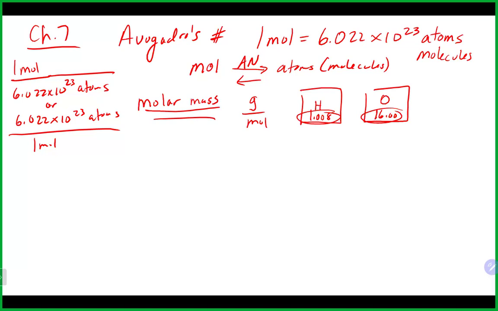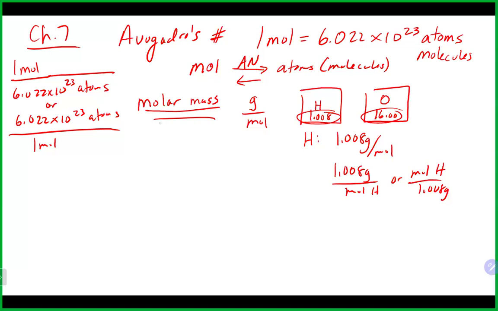If you're doing just hydrogen, its molar mass would be 1.008 grams per mole. You could use that as a conversion factor: 1.008 grams over a mole of hydrogen, or a mole of hydrogen over 1.008 grams. Typically, when you pull that number off the periodic table, 4 significant figures is where you go. The number always stays with the grams part and is always per 1 mole of whatever you're doing.